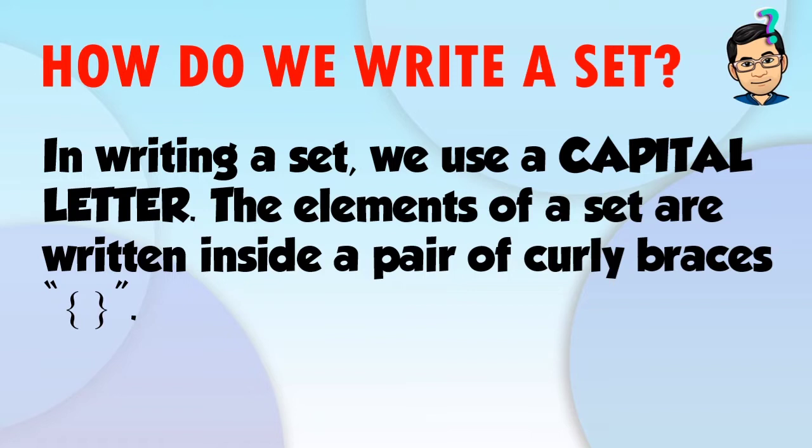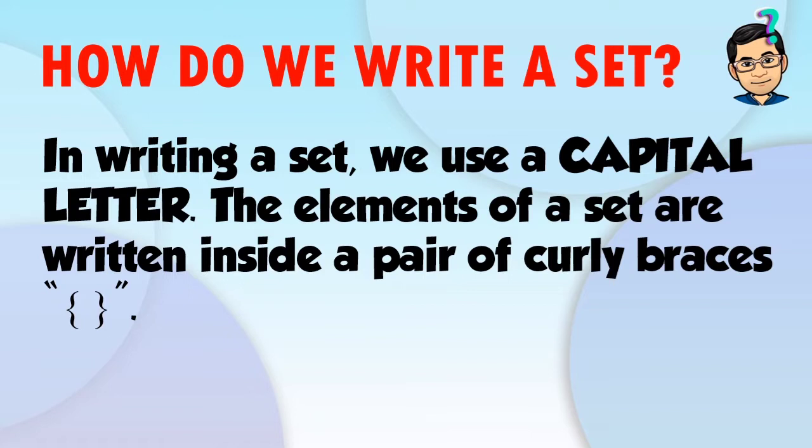And then, upon writing the capital letter nung set na yon, kung anumang letter ang ginagamit nyo from A to Z, kailangan daw naka-enclose sila sa dalawang braces. So, ayan, nakikita nyo. So, braces po ang tawag dyan. So, iba po yan sa bracket or parenthesis.